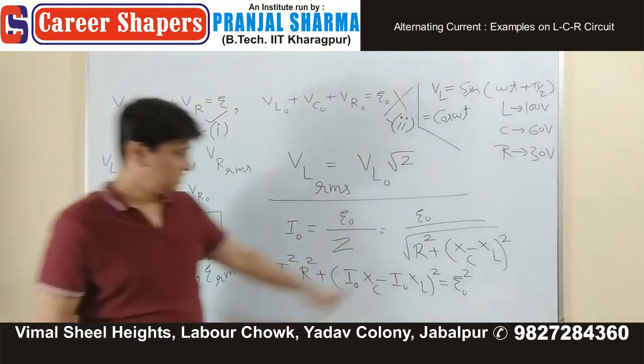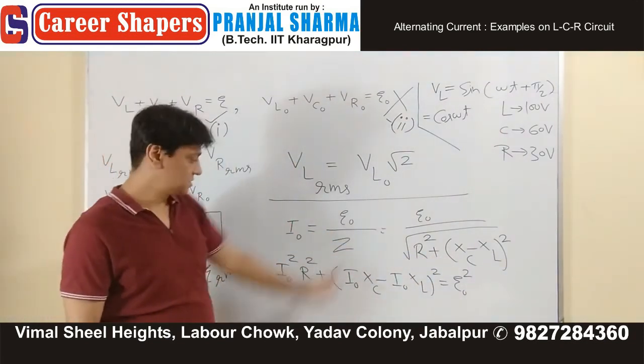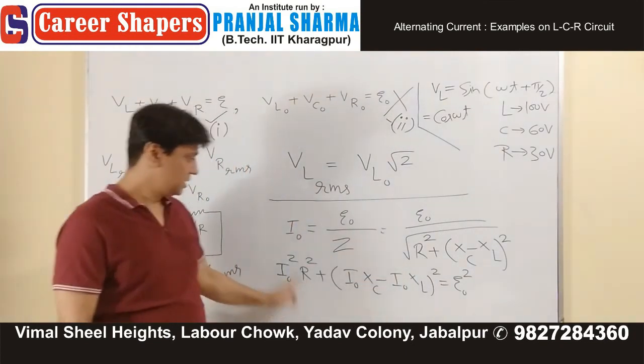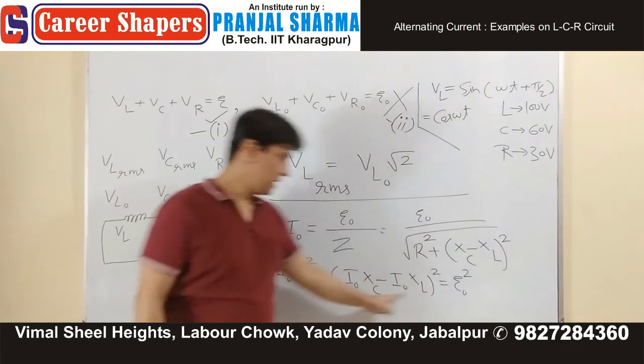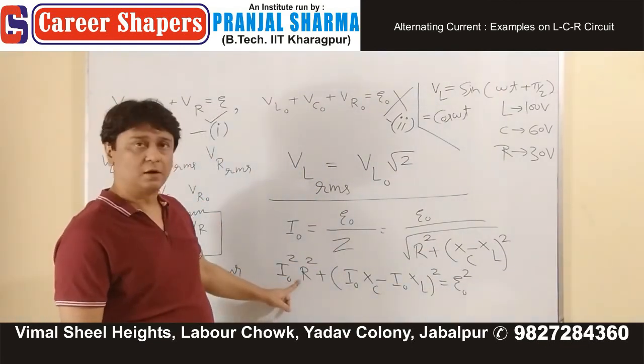Simple maths. Move this term over here, square on both sides, and you get this. I naught square, root is gone, R square. Take I naught inside, and you get this. Now what is I naught into R?